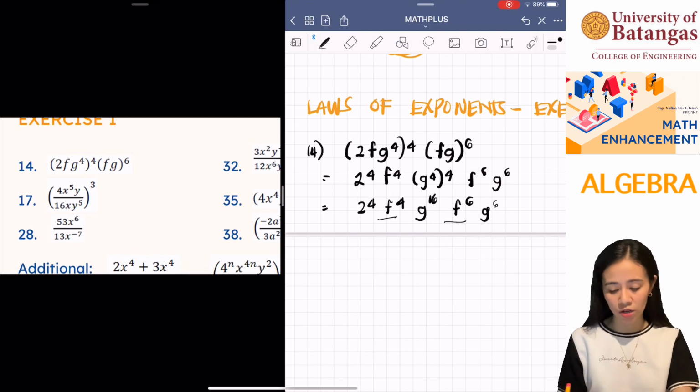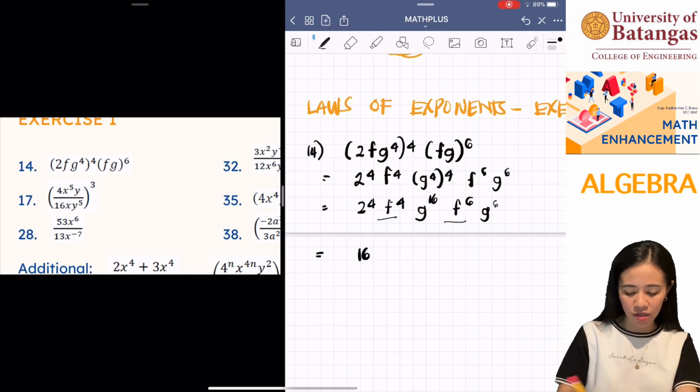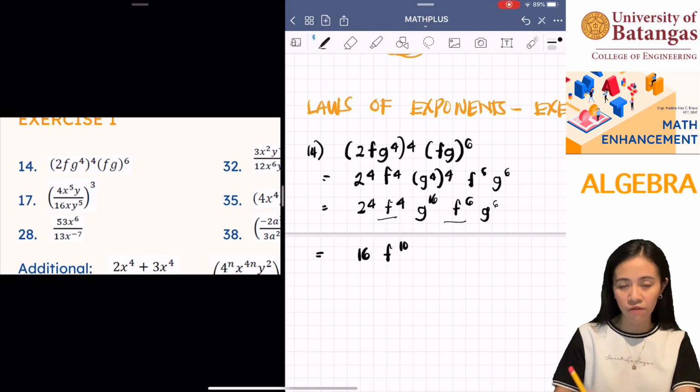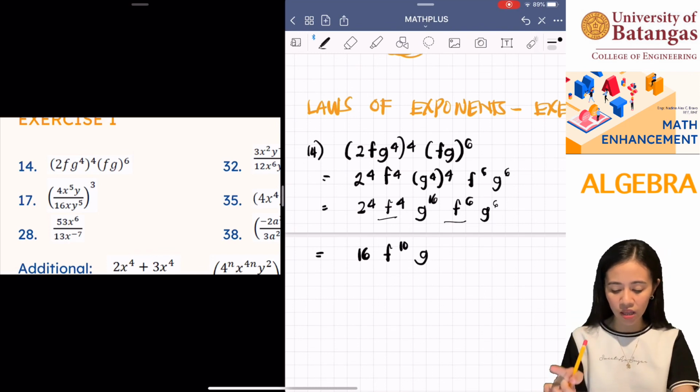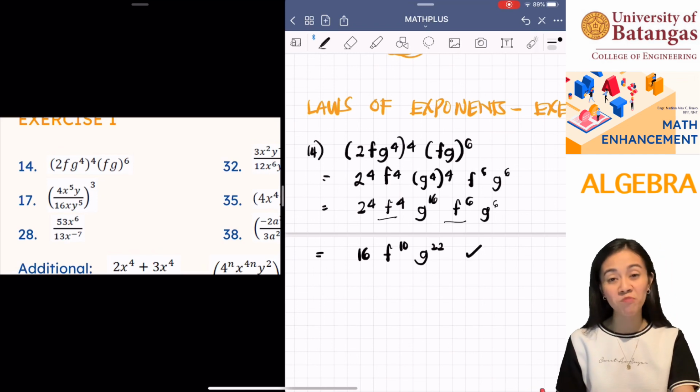By applying product rule. So, mangyayari dito, you have 2 raised to 4, which is 16. Pwede natin isimplify yan. And then you have f raised to 4 times f raised to 6. So, that's f raised to 10 if you add 4 plus 6. And then you have g raised to 16 plus 6. So, that's 22. And this will be our answer for number 14 if you're applying the laws on exponents.